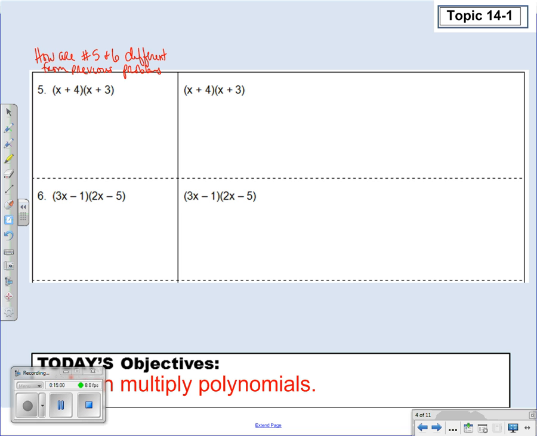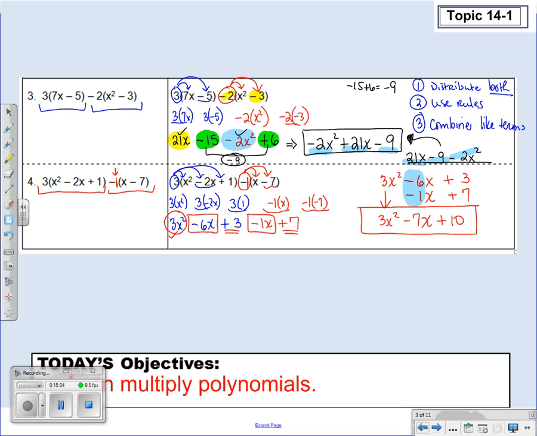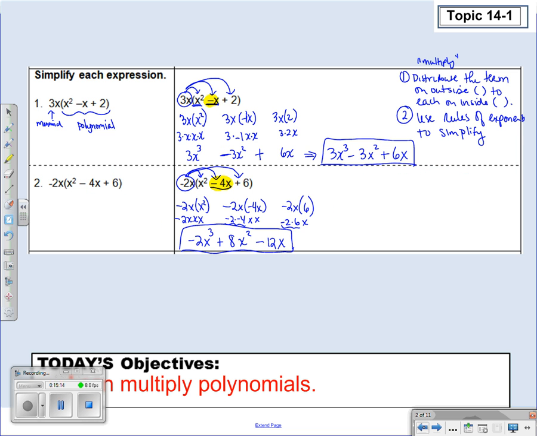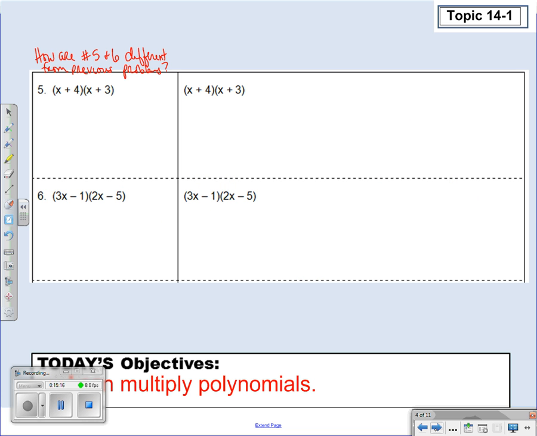Notice how in our previous problems, we had just a monomial times a polynomial. And in 3 and 4, we had some subtraction going on between two monomials times a polynomial. What we have on 5 and 6 is a polynomial, and it's being multiplied times a polynomial.